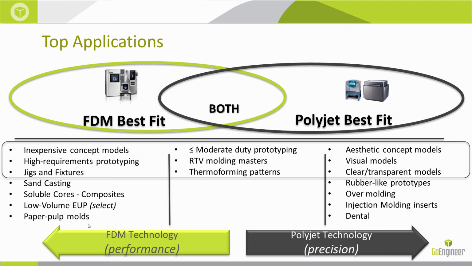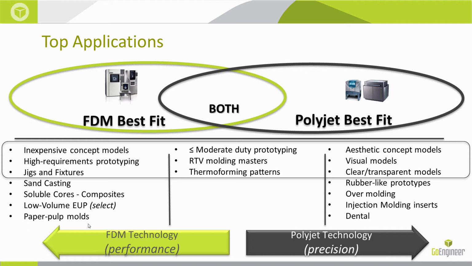So some of the top applications, we'll talk about FDM and PolyJet best fits, because really it should be clear by now that the parts coming out of each machine, they're different. The FDM side with the thermoplastics, they're stronger. They're better suited for industrial tooling and manufacturing type applications.